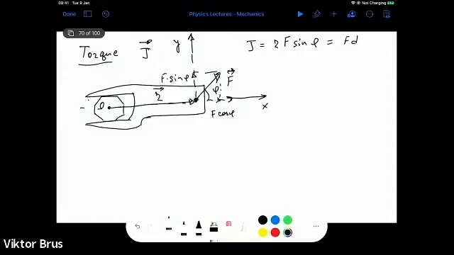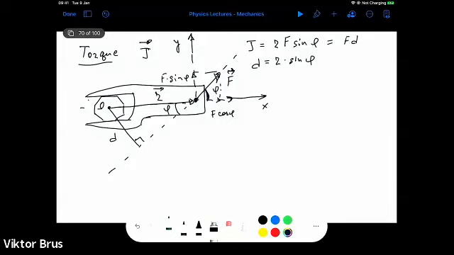If we draw a line which goes through this vector F, it will be the line of action of force F. And the perpendicular which goes from the axis of rotation to this line of action of force F, with a right angle here, is our D. So D is equal to R times sine phi, because if we have this angle phi here, here we will also have this angle phi.